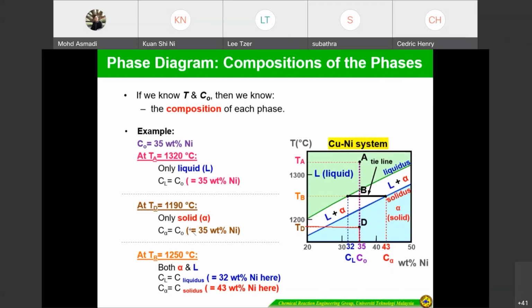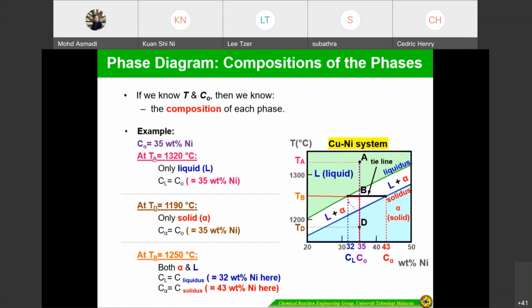Similarly the composition C alpha equals C naught, equal to 35% nickel, because it is the same. However, for the two-phase region, how can we determine the compositions? At 1250 they have liquid and alpha. The phases are liquid and solid alpha.